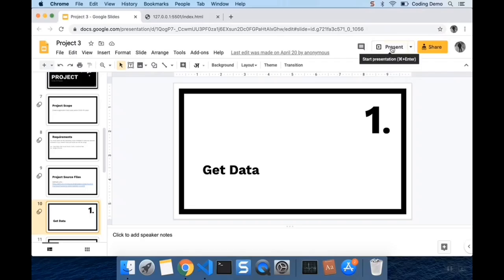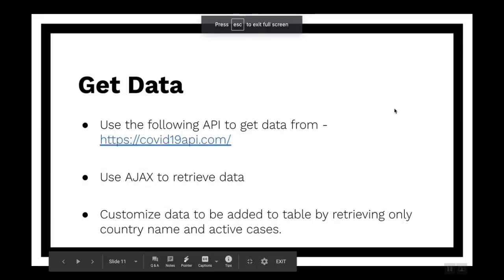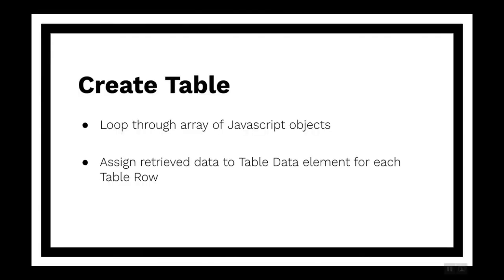So we got the data and we manipulated it. We used the Ajax get request to get the data, and we looped through the JavaScript objects to retrieve the data that we needed the most and displayed it on the web page. So that's perfect. Again, a quick recap of what we learned from this project. We learned how we can use an Ajax call to get the information from the API server.